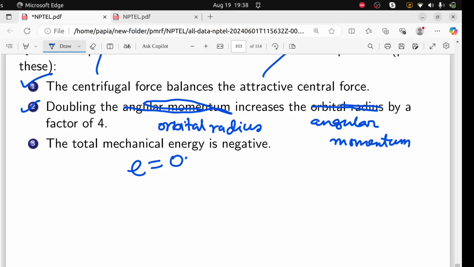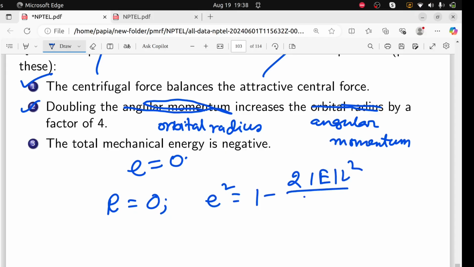The total mechanical energy is negative. Yes, the total mechanical energy is negative because here our eccentricity e is 0. So e square was 1 minus 2 mod E square by m k square.